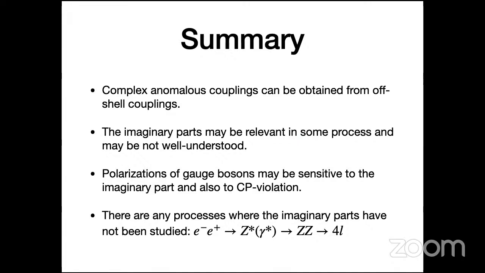The imaginary parts may be relevant in some processes, and maybe they are not well understood. The polarization of the gauge boson may be sensitive to the imaginary part and also to the CP violation. There are many processes where the imaginary parts have not been studied, for instance a process with the trilinear neutral gauge boson coupling, as I showed here. That's all. Thanks so much for your time.